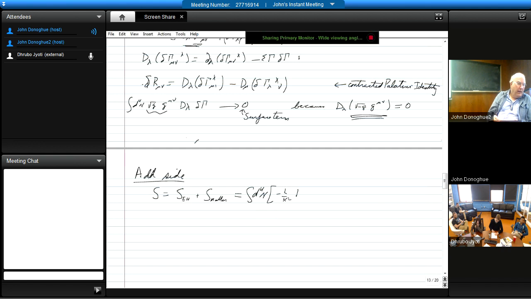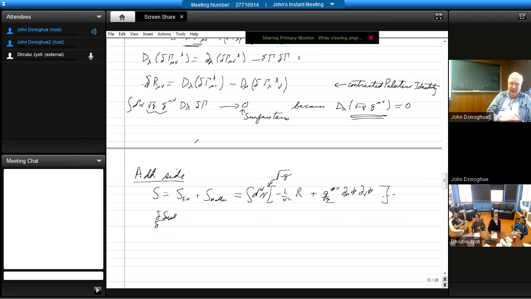So it would be something like, d^4x minus 2 over kappa squared R plus, and I've got my square root of minus g there, g mu nu, d mu phi, d nu phi, etc. I have a minus sign trouble, which I will correct next time.